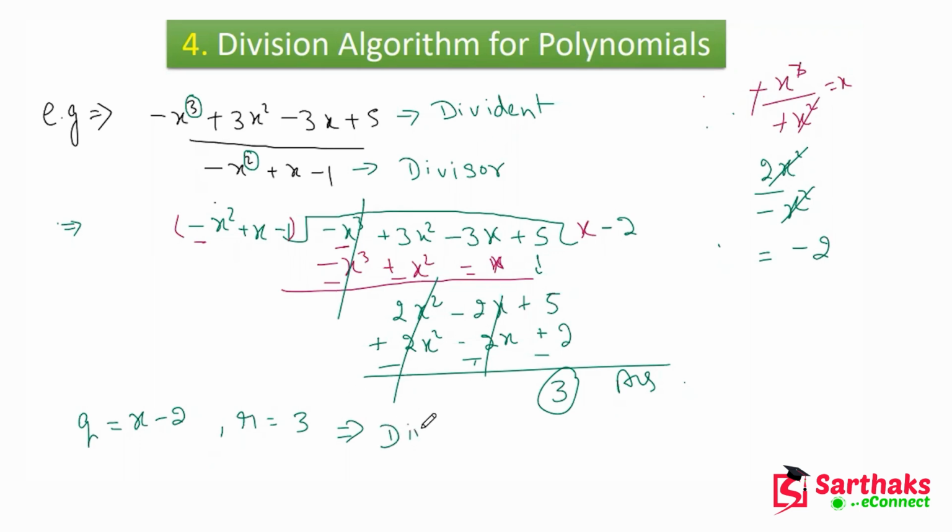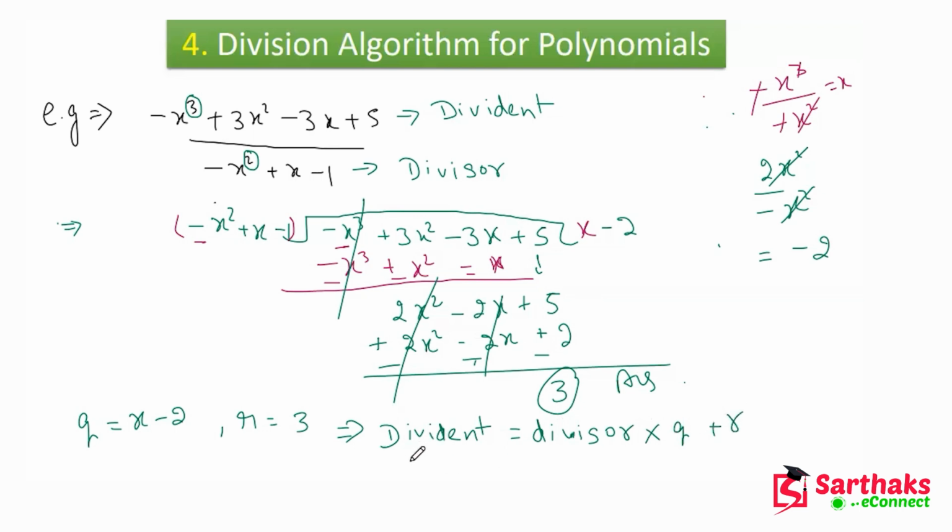This is the dividend. Dividend is equal to divisor into quotient plus remainder.